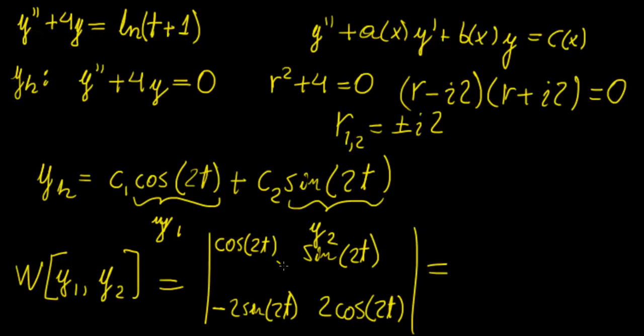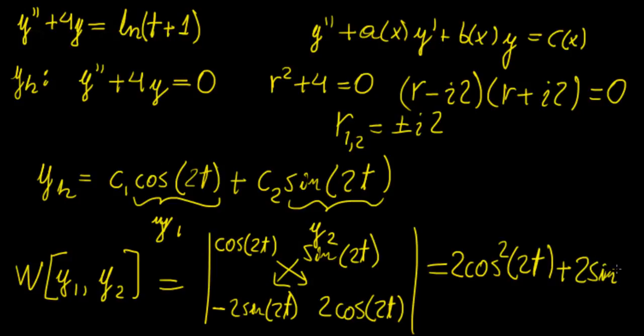And now we cross multiply and then subtract, so this becomes 2 cosine squared 2t, and then we have minus, so that becomes a plus 2 sine squared 2t, and by trigonometric identities we know that this just simplifies to 2.